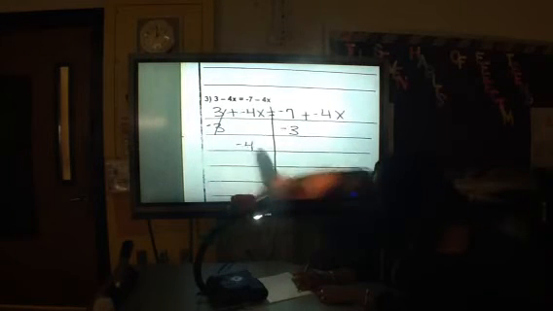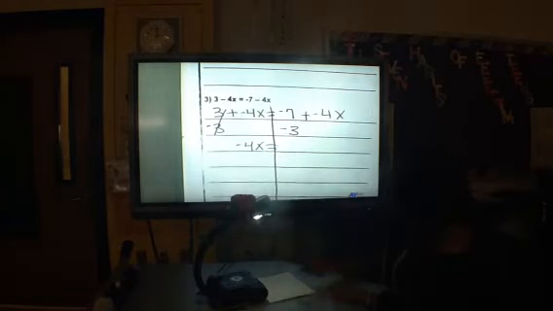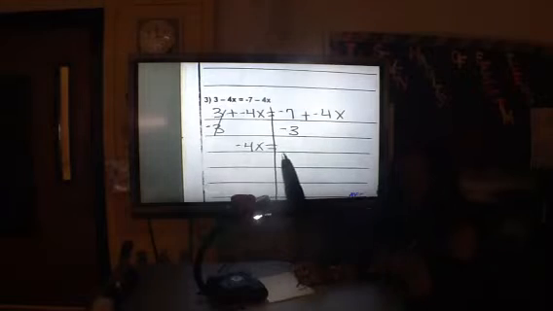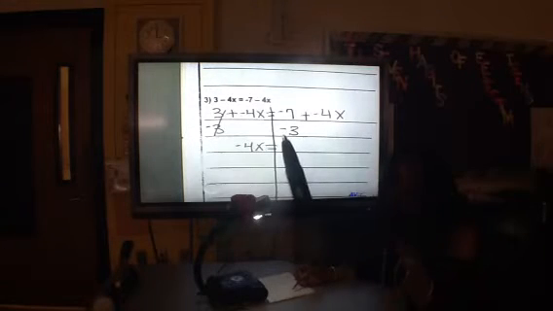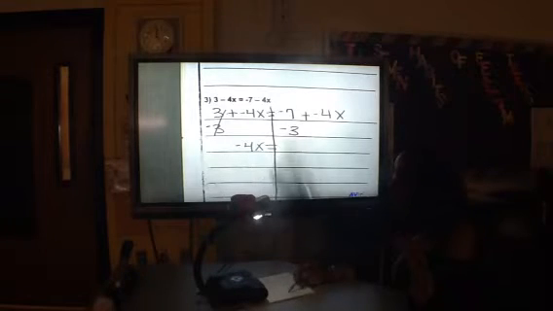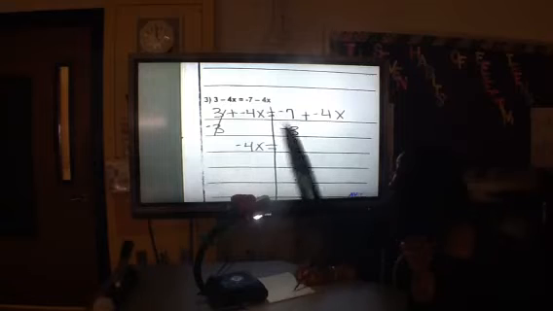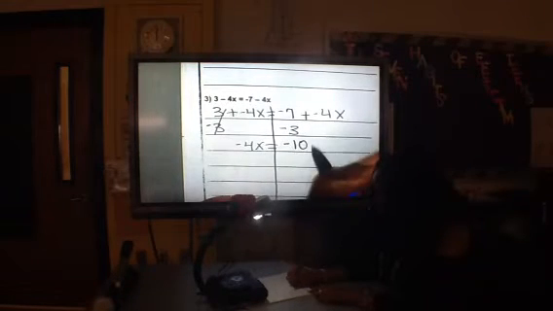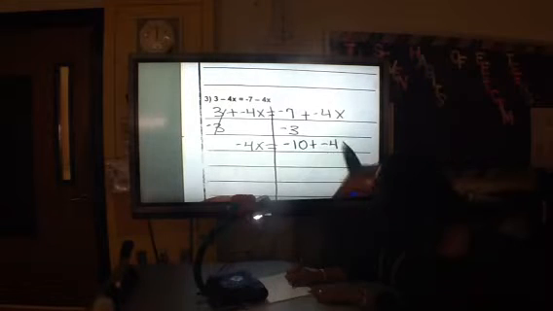Negative 4x equals, so you have a negative 7 minus 3. Both of those signs are the same because you can change that 3 to a plus negative. So you have a negative and a negative. I add them together and keep my sign. When your signs are the same, you add and keep the sign. So this is going to be negative 10 plus negative 4x.